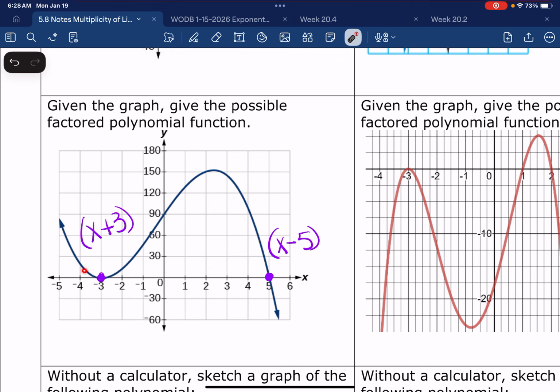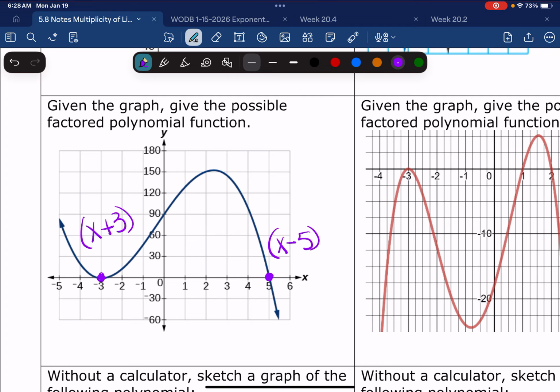So if I look at this first x-intercept, I see how it is only touching or bouncing off of my x-axis. So I need my multiplicity right here to be even. And because it doesn't flatten out very much, we're just going to take this to the second power. And then I have x minus 5 as my other factor.